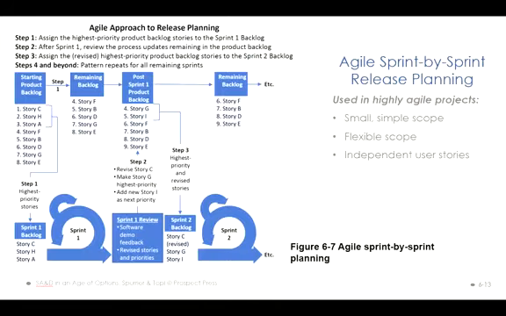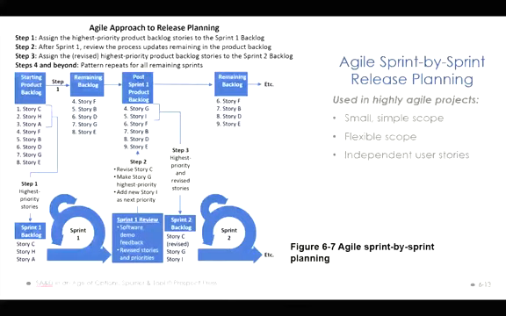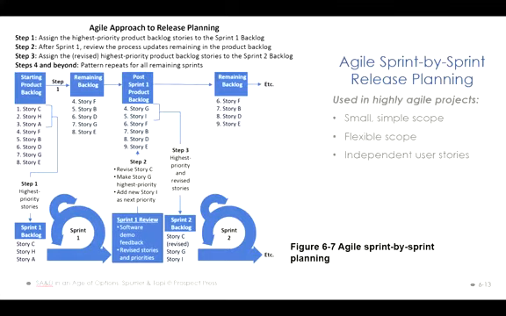So mapping the product backlog into a methodology we discussed earlier, typically the Scrum methodology or Agile methodology. In the Agile sprint type of project planning, the assumption is you're going to identify these user stories and put them into the product backlog.